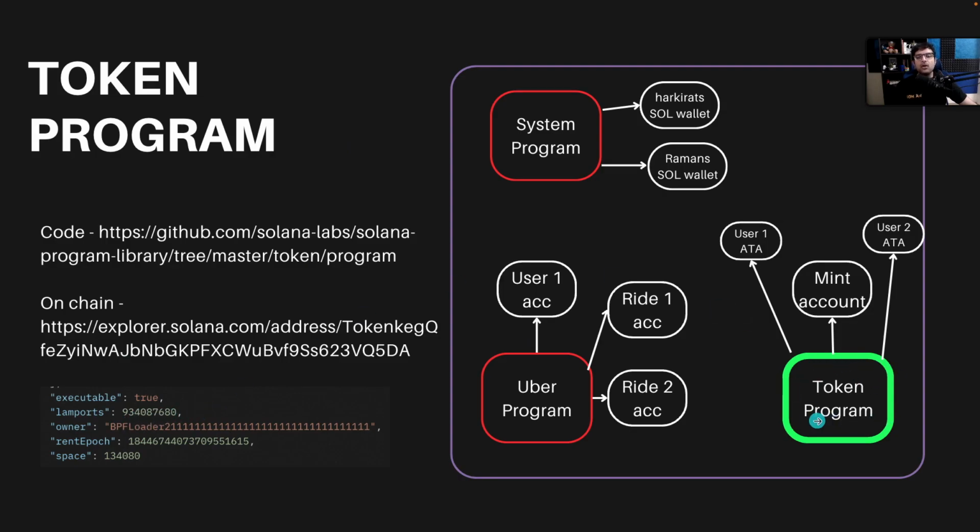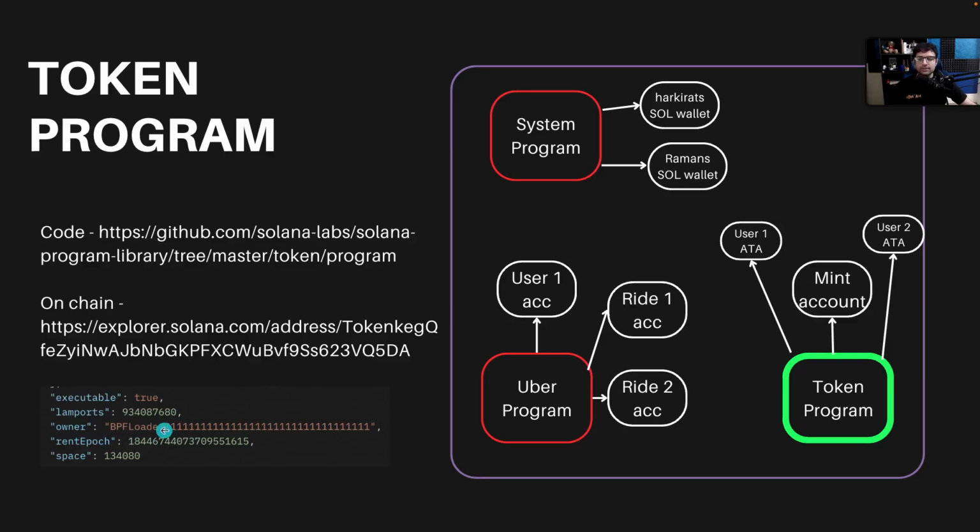Because it will require a lot of space on the blockchain. It requires almost 134,080 bytes of space, 134 kilobytes of space, which is a lot of space compared to these mini accounts that we have. These only store like bytes of data. But of course, the program, which has your complete Rust code, will need a lot of space. And hence, the corresponding amount of Solana that we have to store here is also a lot.